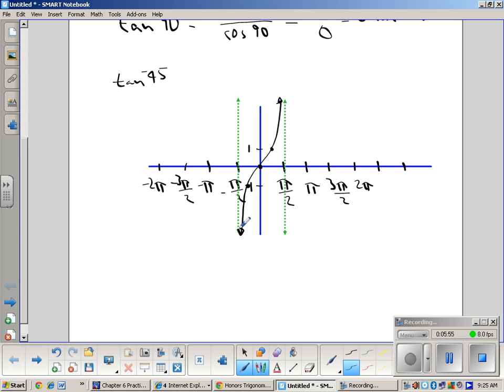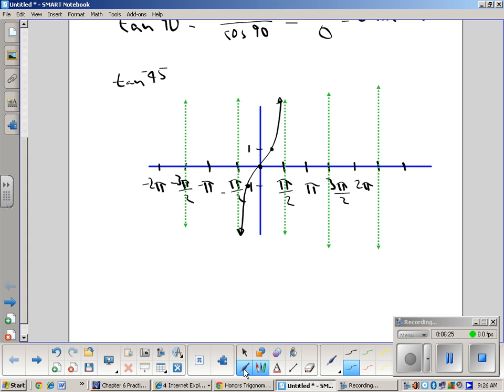If you're thinking 2 marks, and each mark is pi over 2, then its period is pi. Tangents are kind of like the sine and cosine values. And so we end up with an asymptote.